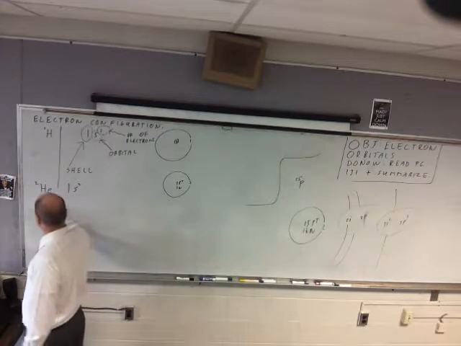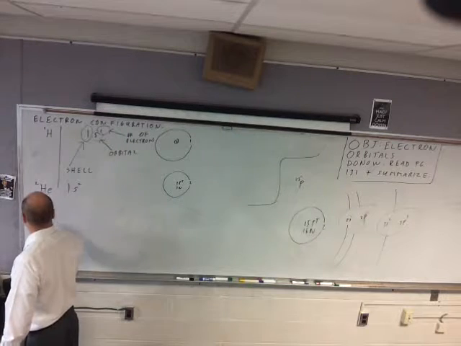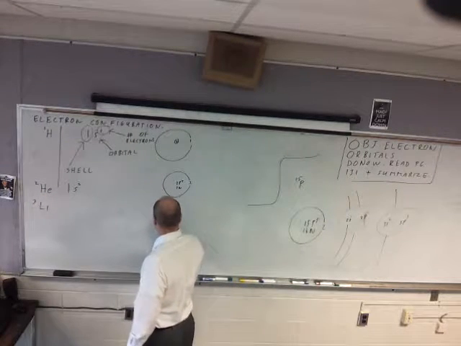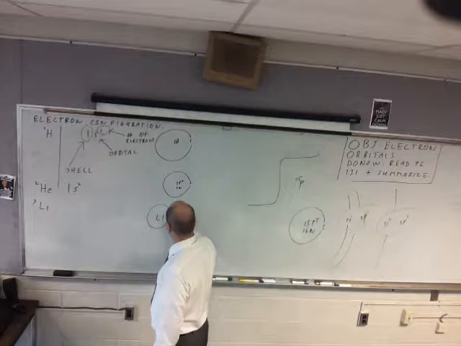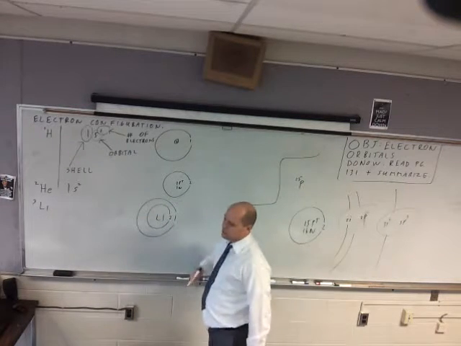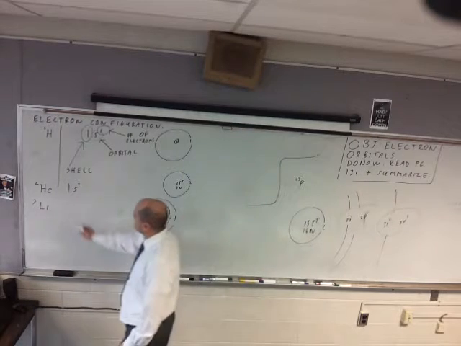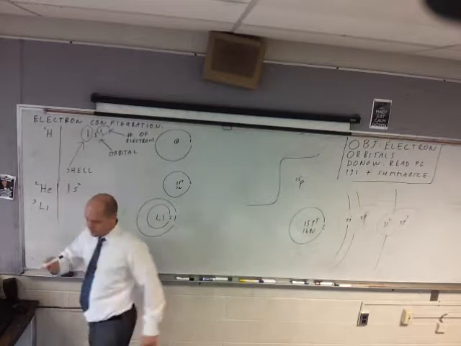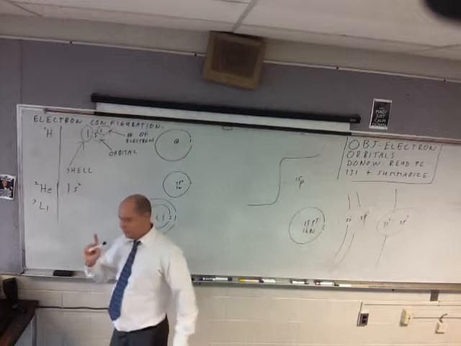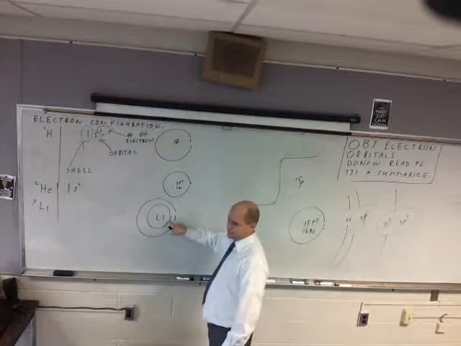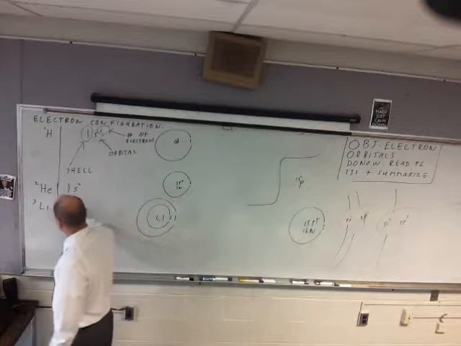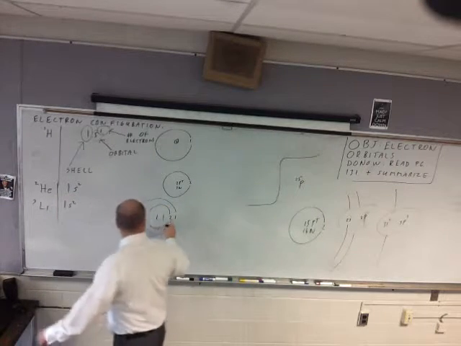Now let's do lithium. So lithium, and forget the nucleus, I'm just going to draw the electrons, has 2 electrons in the first shell and 1 in the second. So what am I going to write for lithium? Okay, so think about this. Those 2 electrons are where? First shell. So first thing we'll do is write 1s2. That's these 2 electrons here.